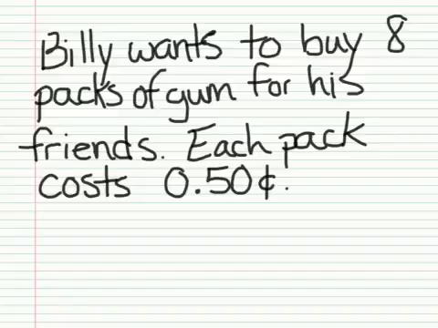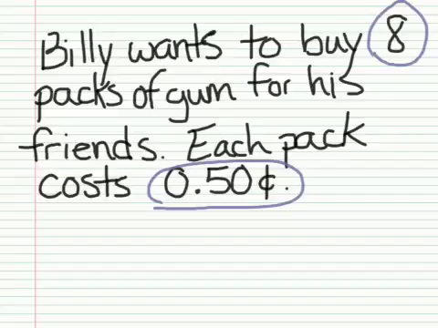So, if we used repeated addition, we know that each pack of gum costs 50 cents, and there are 8 of them. So, in using repeated addition, we would simply add 50 cents 8 times together. So, let us do that. And there's 1.